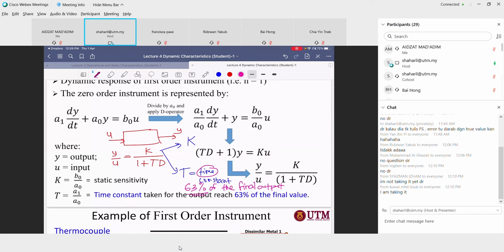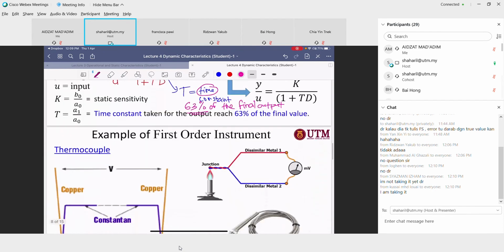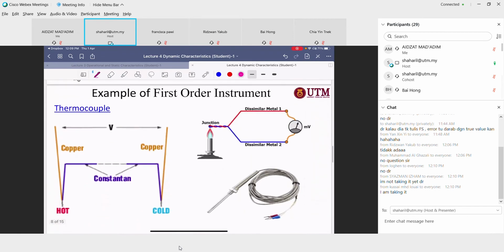So let's look at what type of transducer behaves like first order. For example, the thermocouple. We detect the temperature, and it will produce the voltage. So we can draw the block diagram here: it detects the temperature, and then produces the voltage.